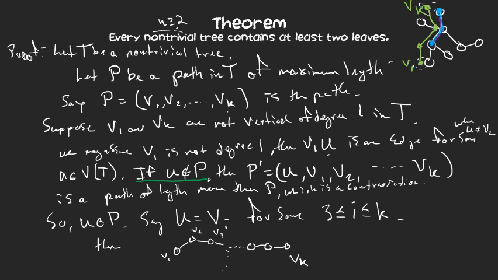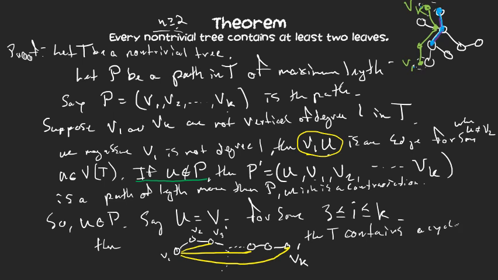And so no matter where this new edge UV1, which I'm assuming is there, goes to, it's going to introduce a cycle, which can't happen because we have a tree. Then T contains a cycle. Another contradiction.